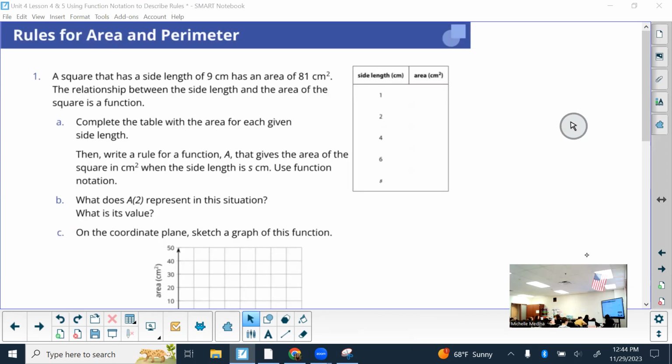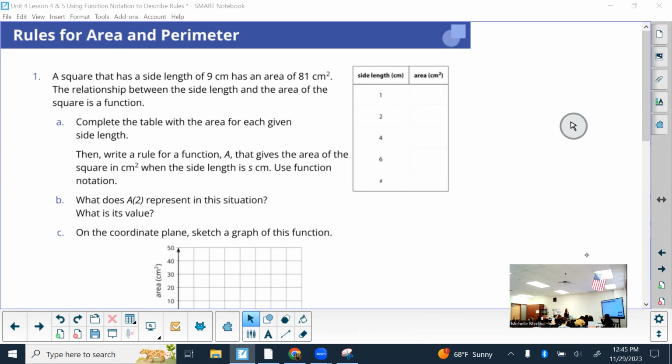So let's review. A square that has a side length of 9 centimeters has an area of 81 centimeters squared. The relationship between the side length and the area of a square is also a function.